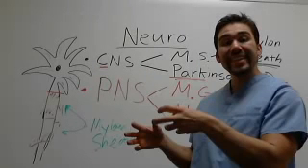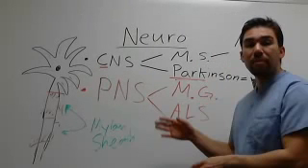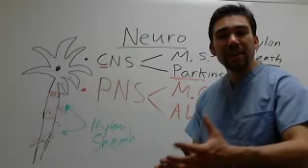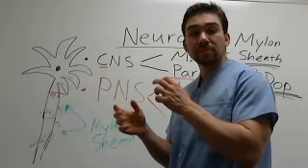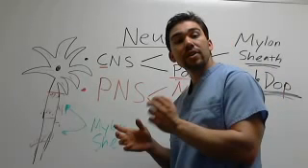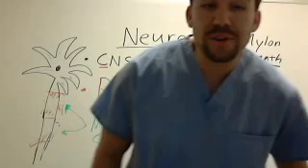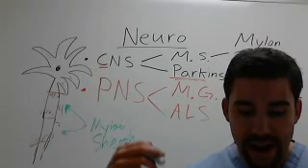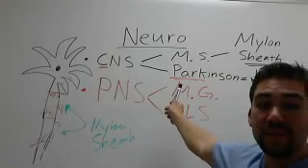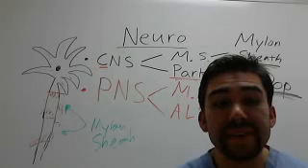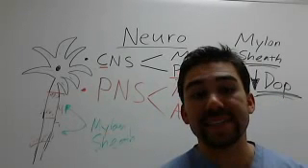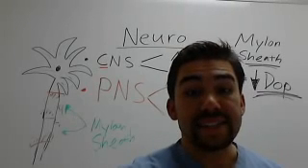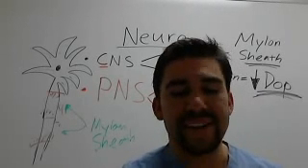So if you think about parking a car for your first time, you'll be very nervous, you'll be very shaky, and you'll have a shuffling gait, okay? So that's just a way that you guys can remember it with decreased dopamine. Now, I'm going to go into the next two, myasthenia gravis and Lou Gehrig's disease, in this next video.